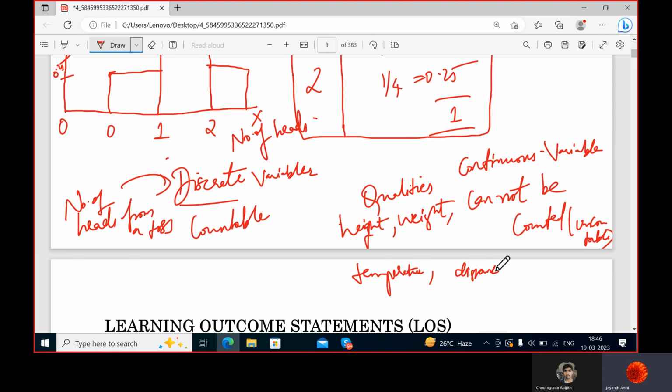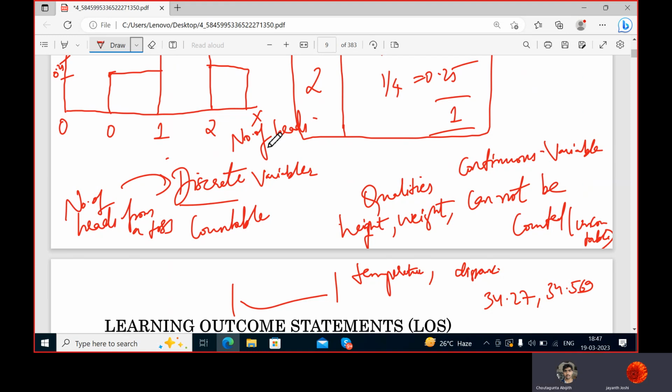So these are all examples of continuous variables. They can take decimal values, like 34.27 or 34.569. Given a range, it may take infinite values. Understood? And these are all countable ones.